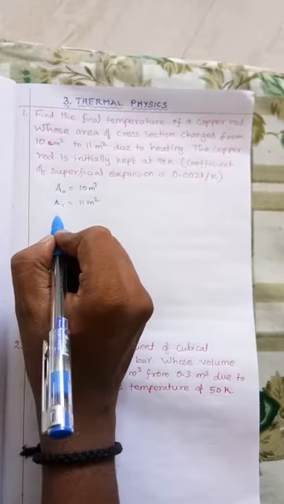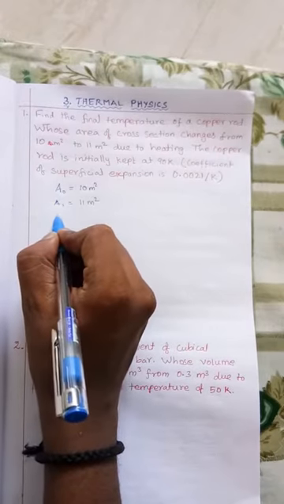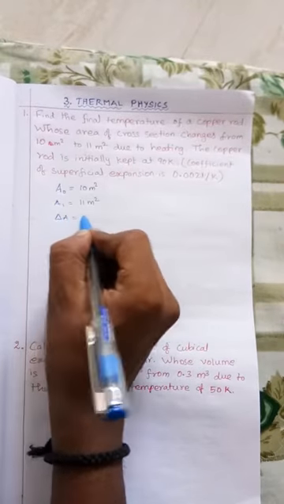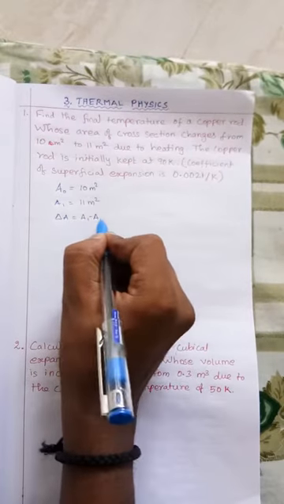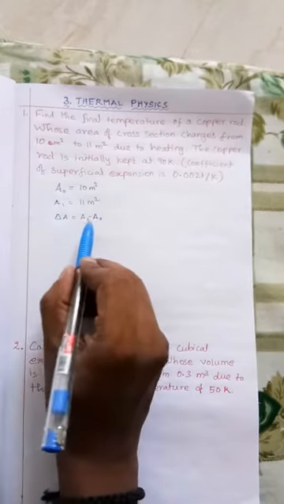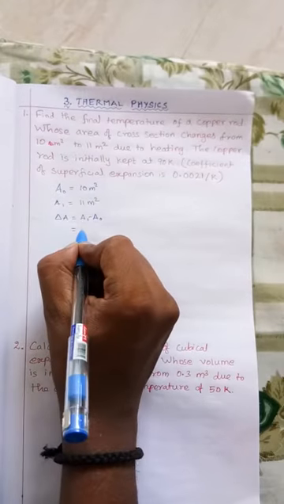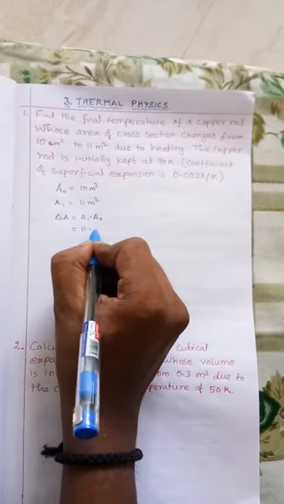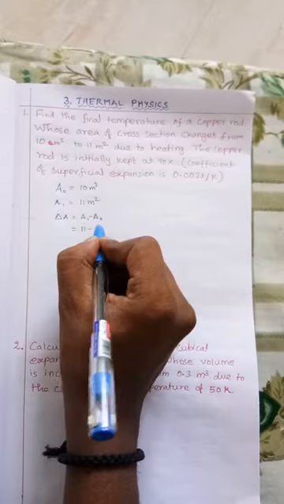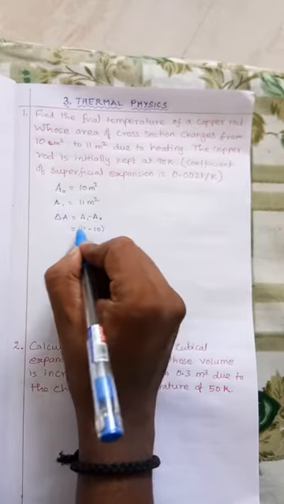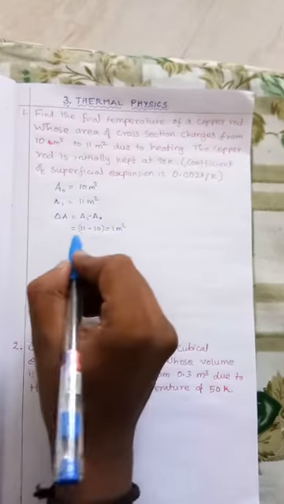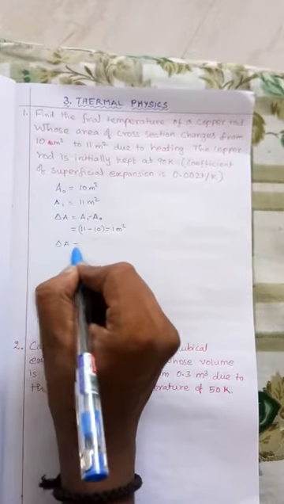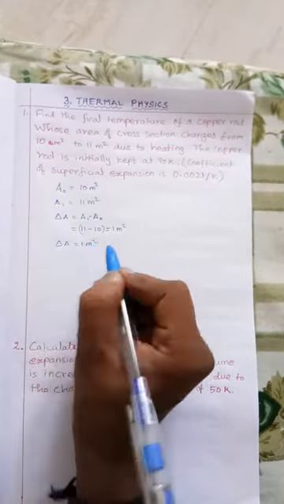So the change in area, delta A, is equal to A1 minus A0, that means final minus initial. So 11 minus 10 is nothing but 1 meter square. Delta A, the change in area, is 1 meter square.